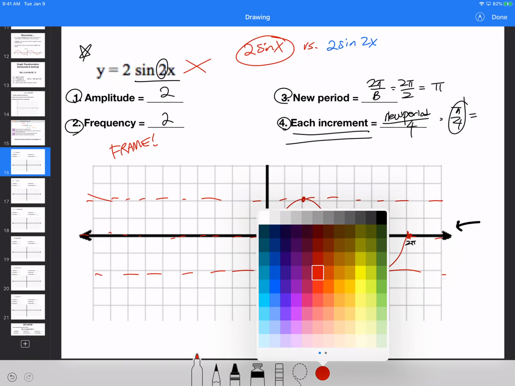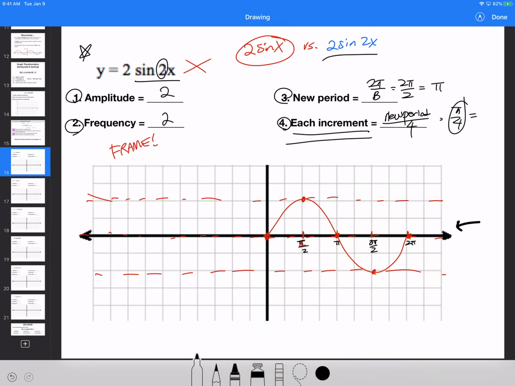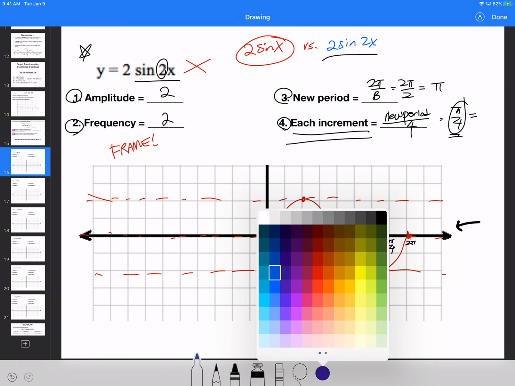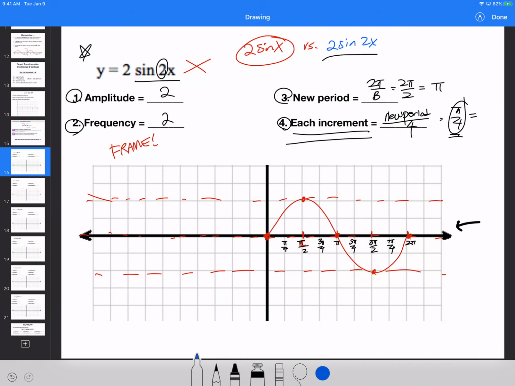Now my new graph, which is 2 sine of 2x, has a new increment of pi over 4. This would be 5 pi over 4, 7 pi over 4. I am going to make sure that my alternation between mid, max, and min happens every pi over 4.